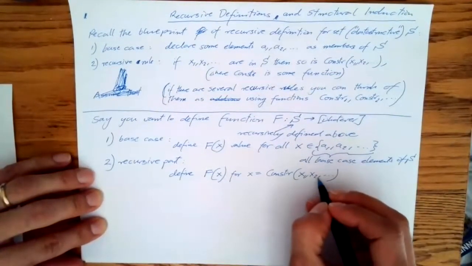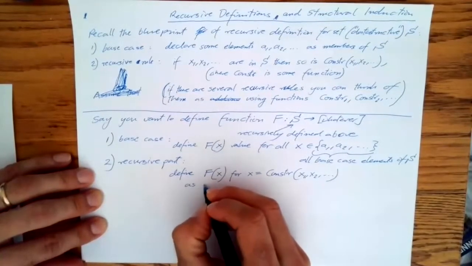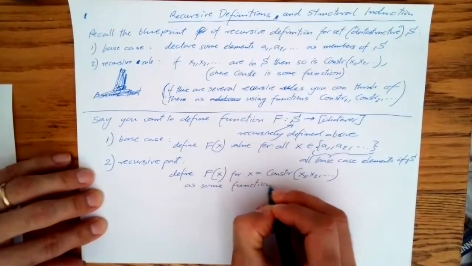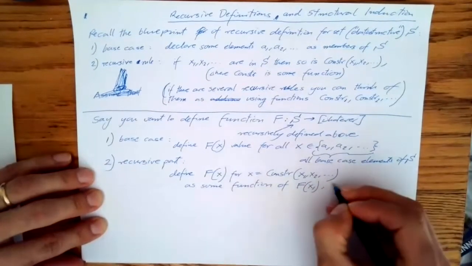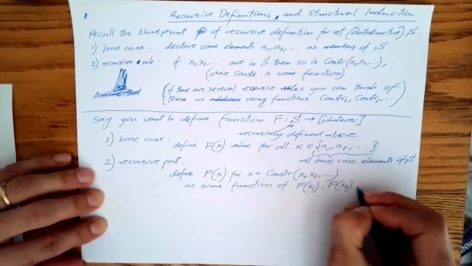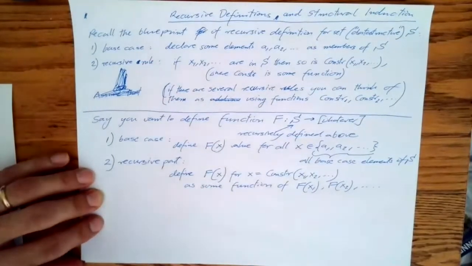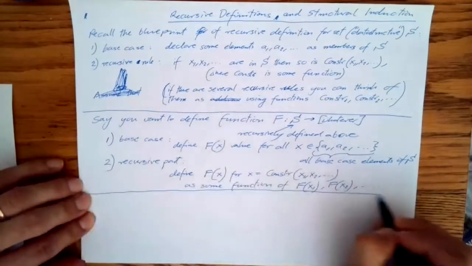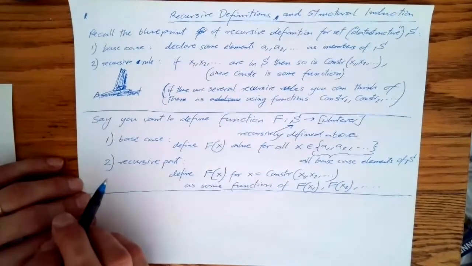So usually this bracket ends right here. Then f of x is defined as some function of f of x1, f of x2, and so on. So this together successfully defines a function f on all elements of S.